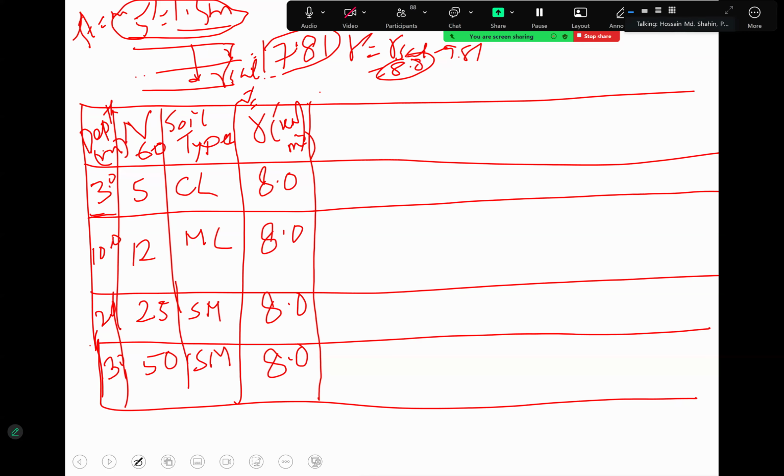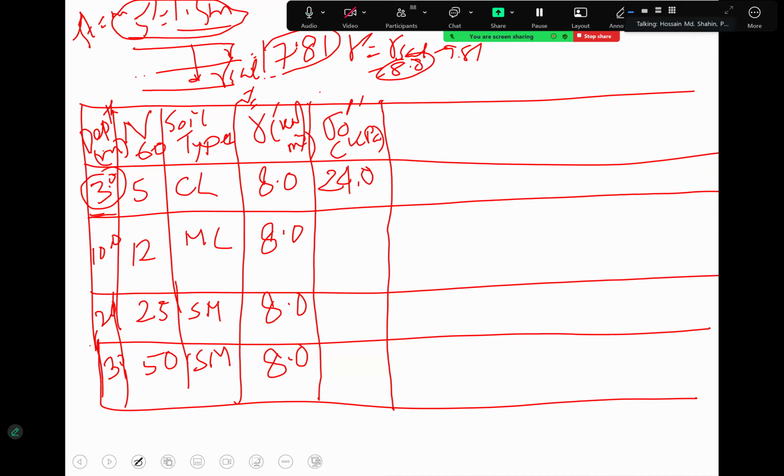Okay. Then calculate sigma 0 dash. Let me erase this, it will be better. Okay. So it is sigma 0 dash. What's the unit? kPa. Okay. So as it is 3.0, it will be 24.